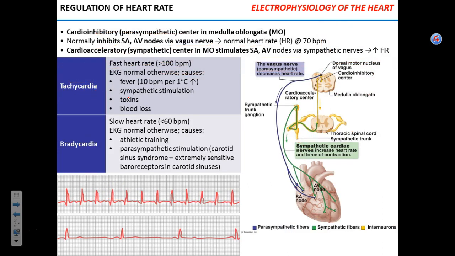With that said, first we're going to talk about controls. Now that's quite exciting. What is the inherent rate of the sinoatrial node? 100. Or slightly more. Okay.